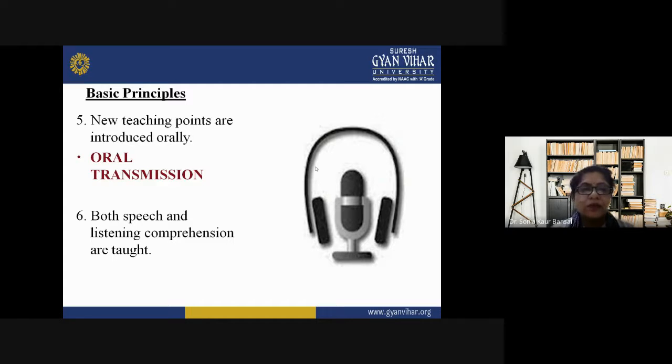So students learn more if they are listening more in the target language. Oral transmission is very, very important for the students. Both speech and listening comprehension are taught, and students are well versed in the target language. So it is very important to understand the importance of speech as well as listening.